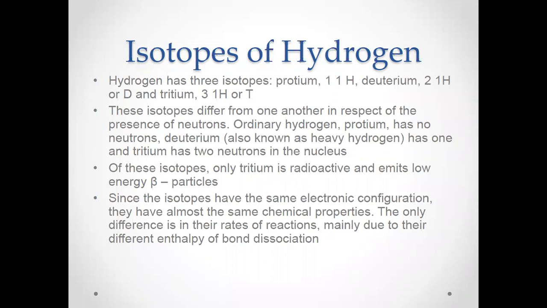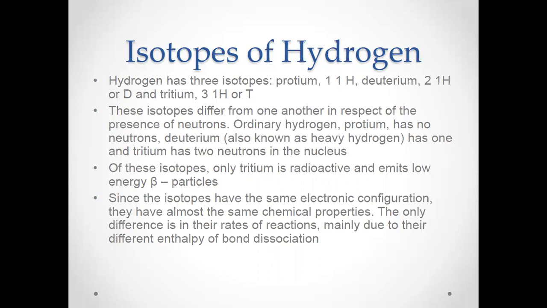Since all three isotopes have one electron in their outermost shell, the electronic configuration of all the isotopes will be the same, which results in similar chemical properties. Electrons decide what the chemical properties will be. If all three isotopes have the same electronic configuration, their chemical properties will be nearly similar to each other.